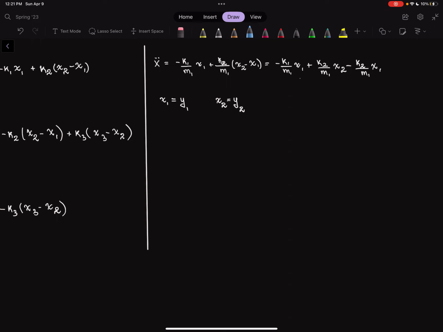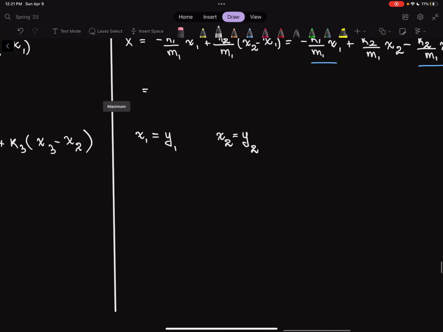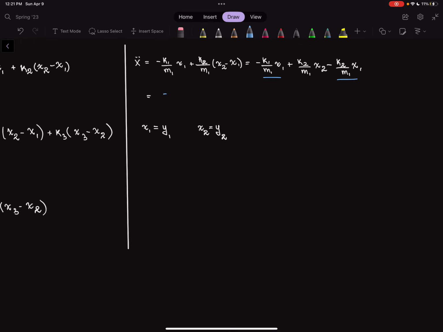So now we can group these two together, and I'll move this down and I'll have, color-coded, minus k1 over m1 minus k2 over m1 times x1, and then we have plus k2 over m1 times x2.